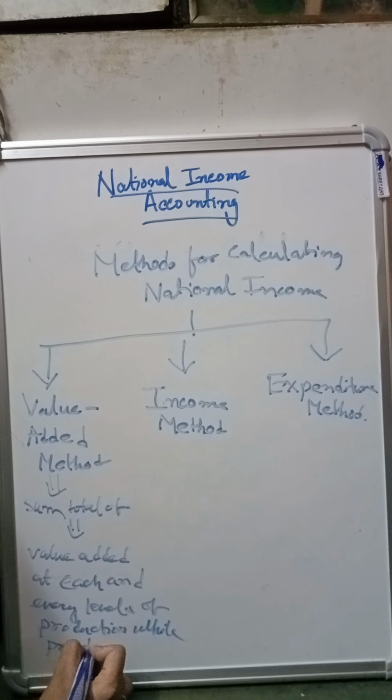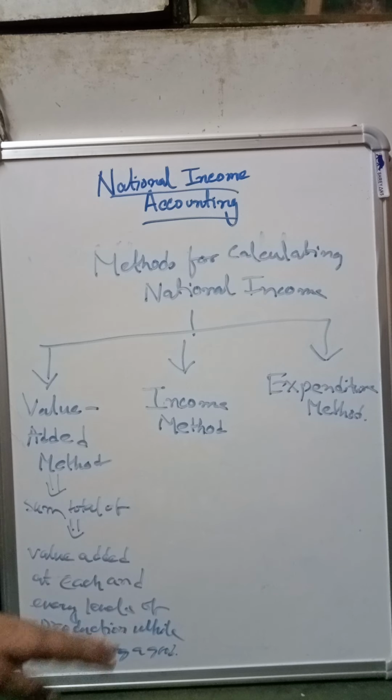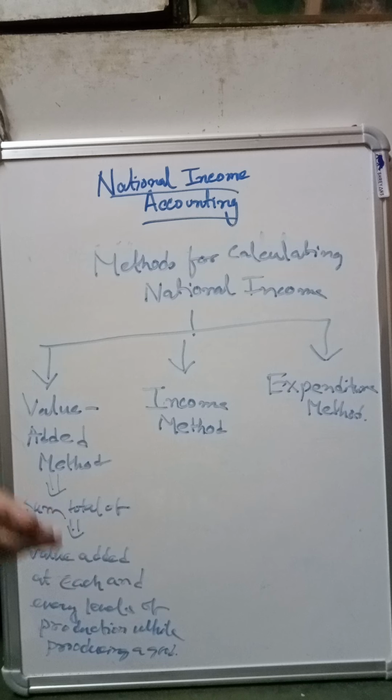So the value added method is just the sum total of the value added, which is added at each and every level of production.